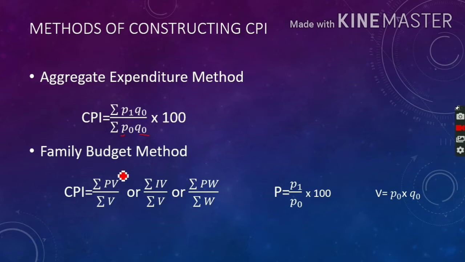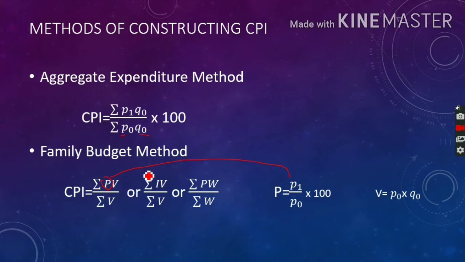One more method is the family budget method. CPI equals sigma PV divided by sigma V. Here P means price relative. The formula to calculate the price relative is P equals P1, that is current year price, divided by base year price, into 100.